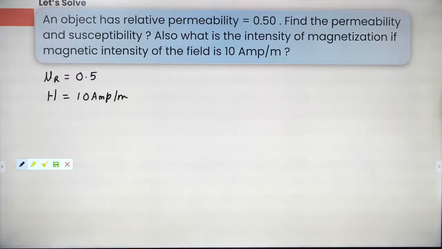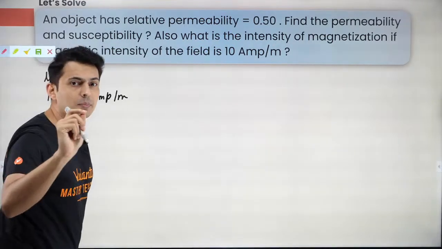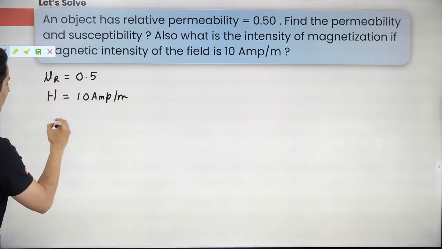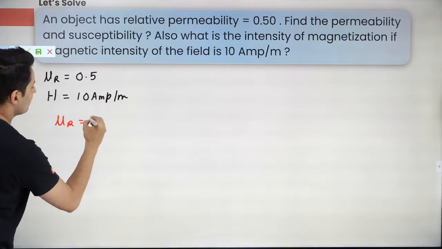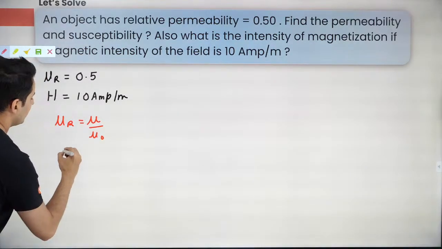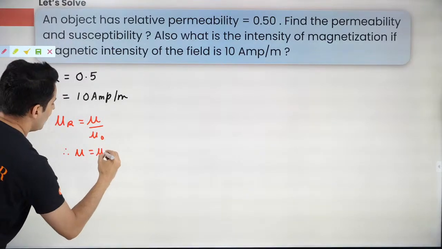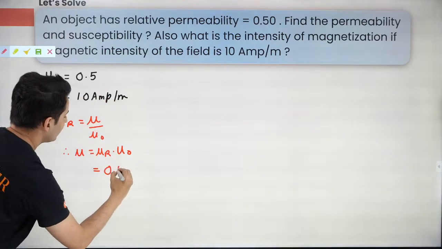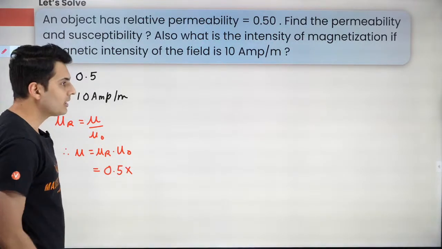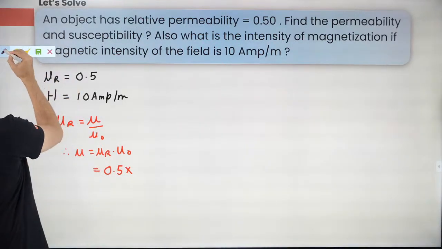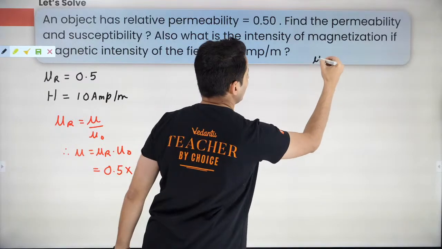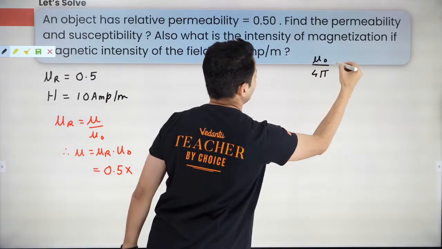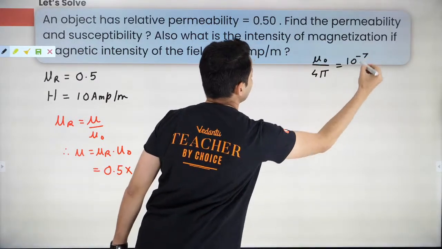So guys, think about it. What is the first thing that we can find? I feel mu r is given, so I think I can find out mu, just the permeability. How? Remember, mu r is mu by mu naught. Therefore, mu is mu r into mu naught. Mu r is 0.5, correct? And mu naught, think about it, guys. I have told you that mu naught divided by 4 pi is nothing but 10 to the power minus 7.